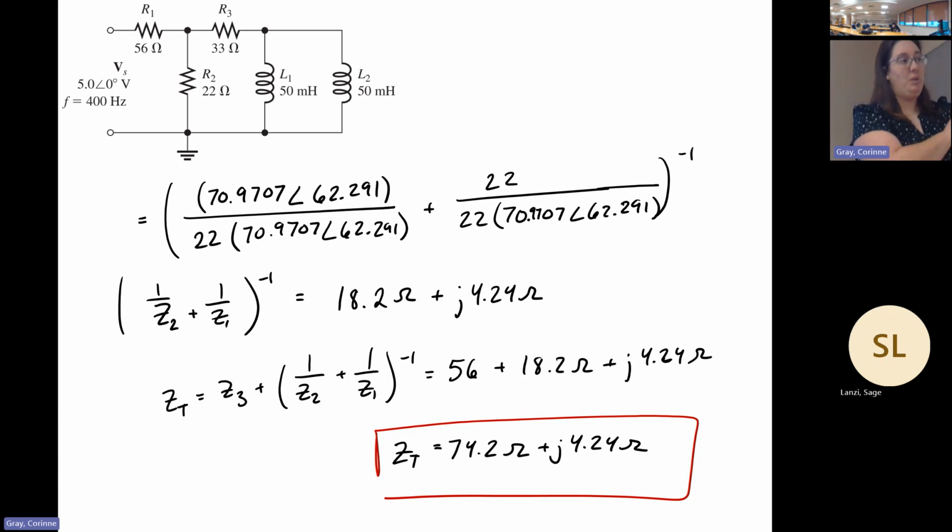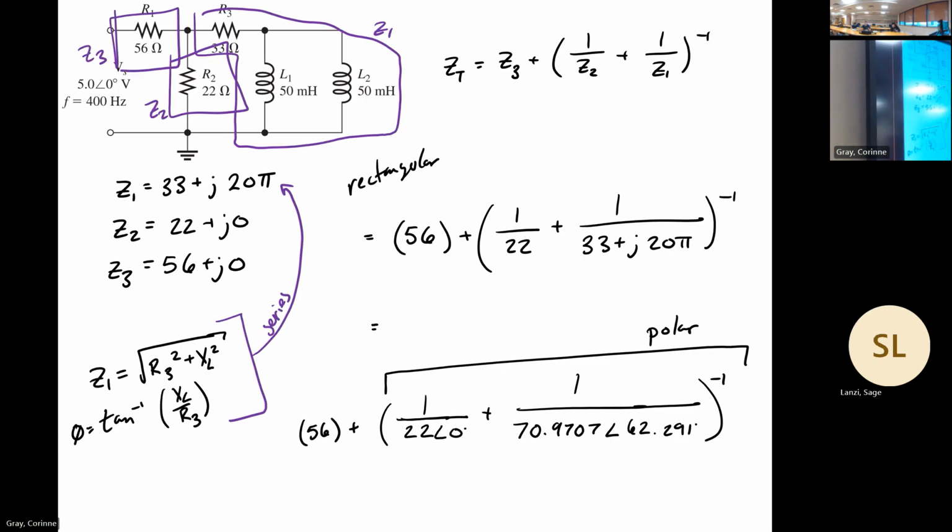I multiplied the 22 to the 70 part, when I did that. And then in my top, I already have this in polar form, but to add, I already have it in rectangular as well, right? That's how I originally had it. So I added this to it.